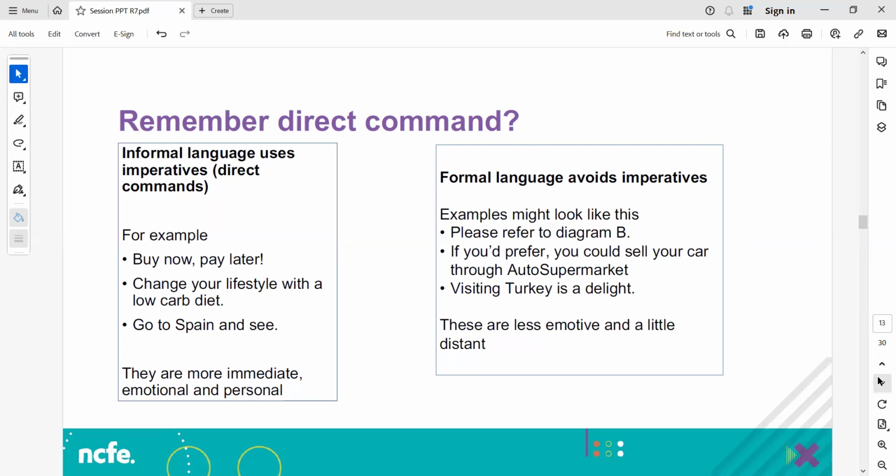They want people to read the advert and go to their store, their business. Visiting Turkey is a delight. So not come to Turkey now, but visiting Turkey is a delight. As I mentioned, it's a bit more polite. It's more of a request than a command. Any questions about that?